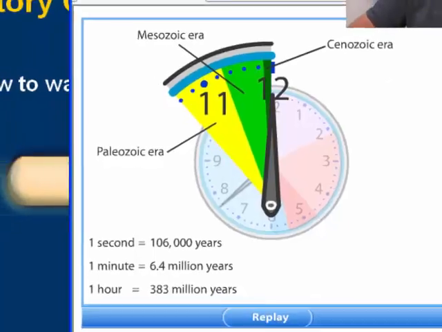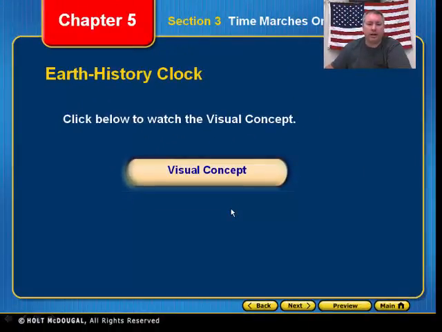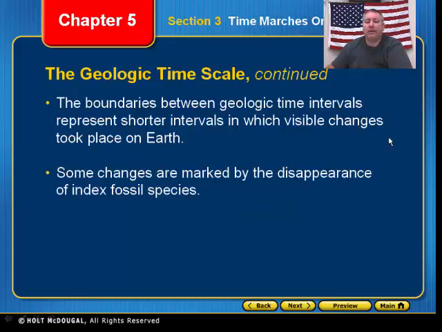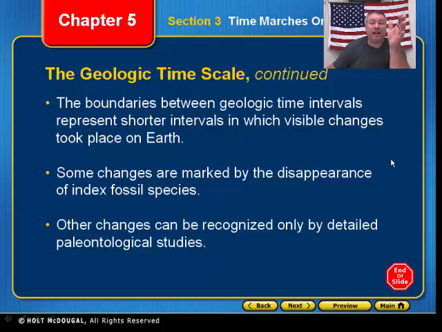Okay, so you guys get a better idea of what it looks like when we're talking about these time periods. Now, the boundaries between these time periods, some of them are very easy to define and some of them are not. Some of them are marked by index fossils or the disappearance of index fossils. When those index fossils disappear, then that geologic time actually ends as well.